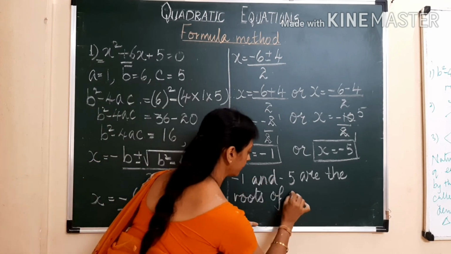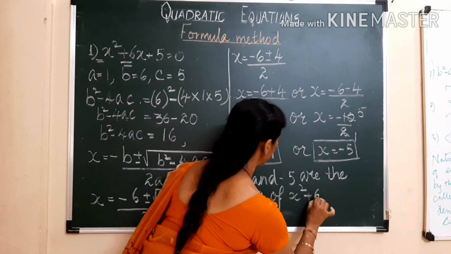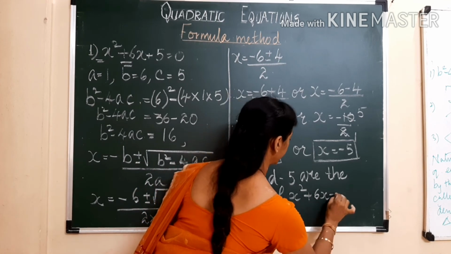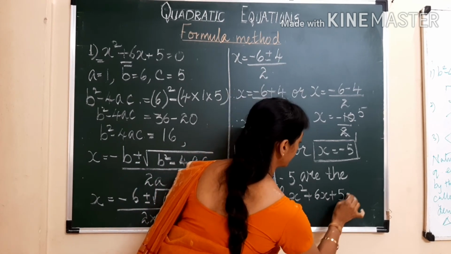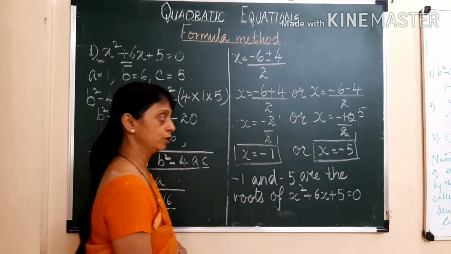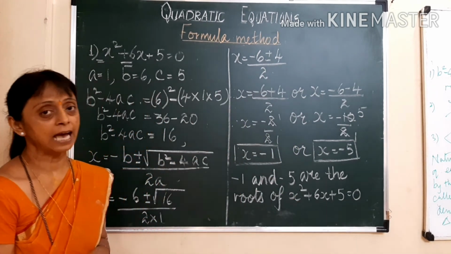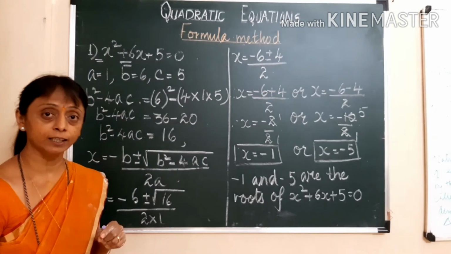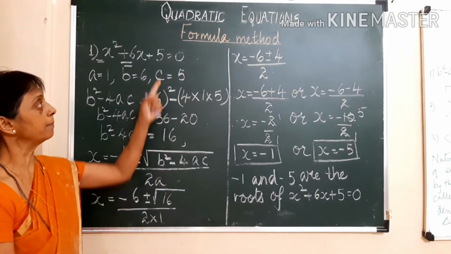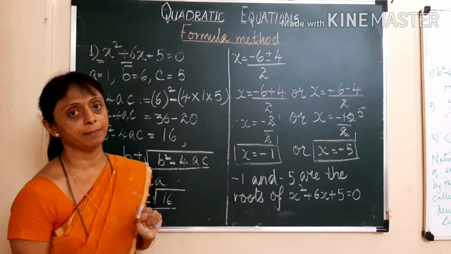Of x square plus 6x plus 5 which is equal to 0. So by which method did we solve and find out the roots of the given quadratic equation? By using the formula method.